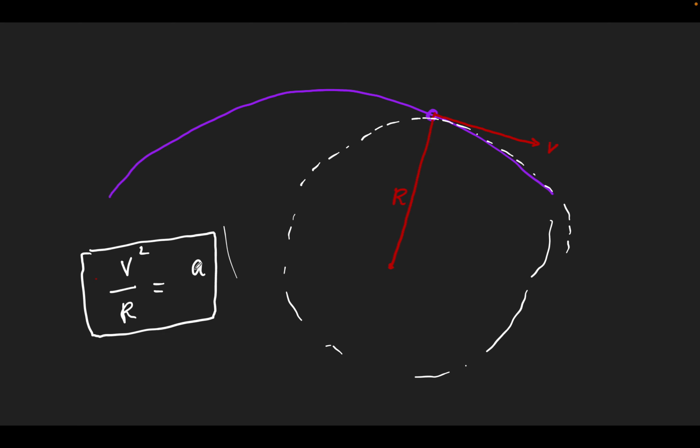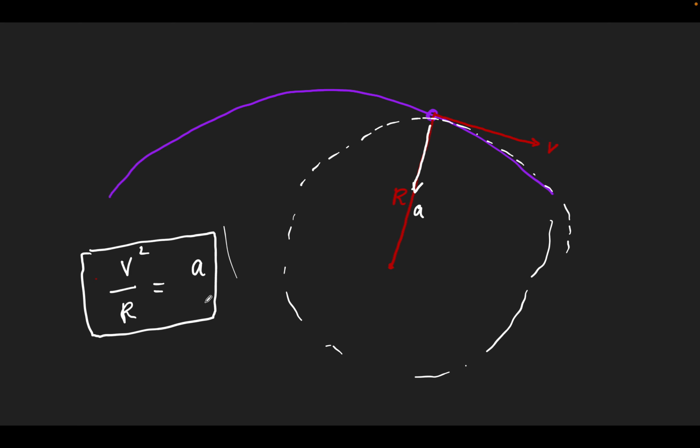And we know v square by r for a circular motion will give you the centripetal acceleration. That centripetal acceleration will be along its radius, right? So the direction of centripetal acceleration is along this radius.